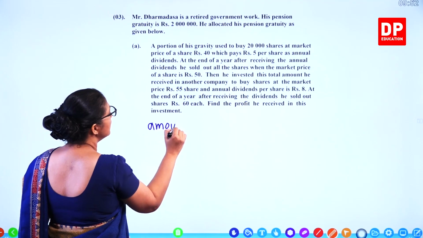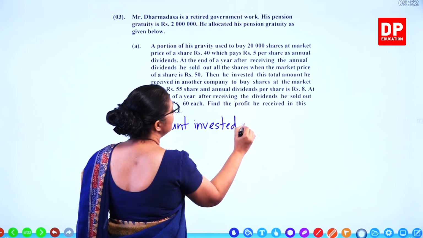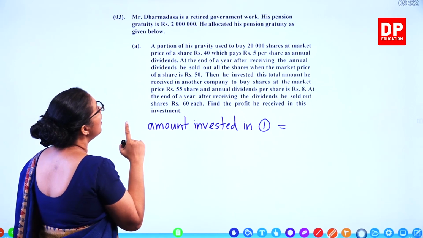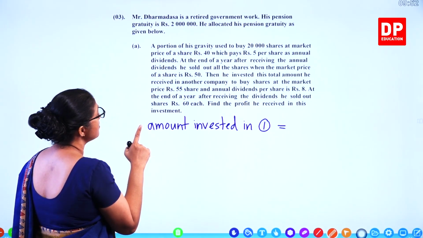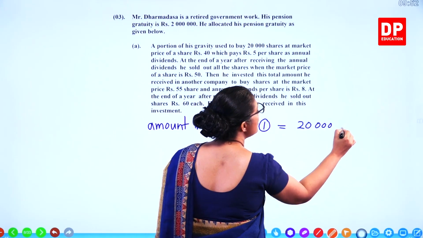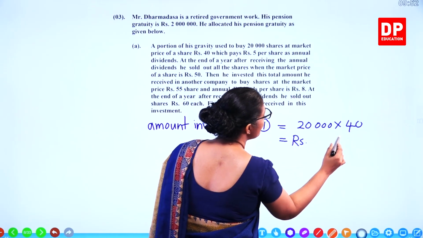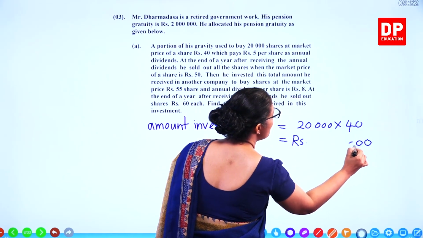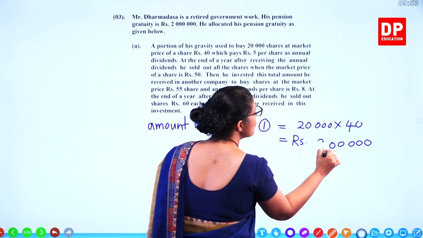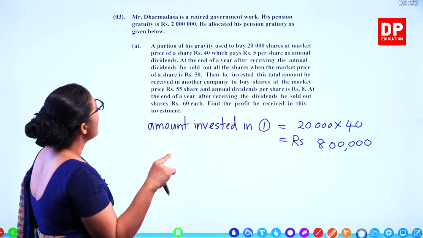Amount invested in company 1: 20,000 shares, each 40 rupees. So 20,000 into 40. 4 times 2, 8. So he spent 800,000 rupees for that.